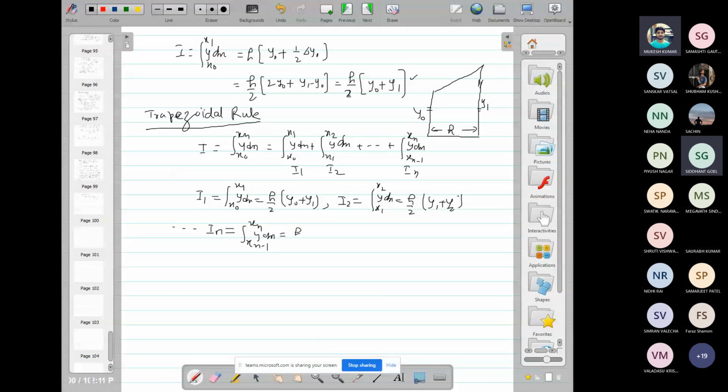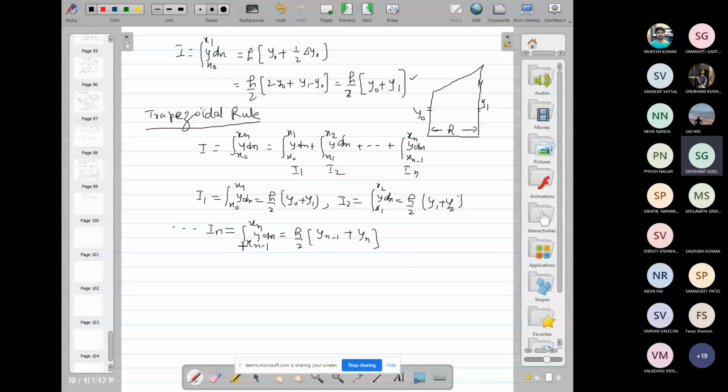So this is equal to h by 2 into (yn minus 1 plus yn). Now adding these, we obtain I is equal to I1 plus I2 plus up to In.